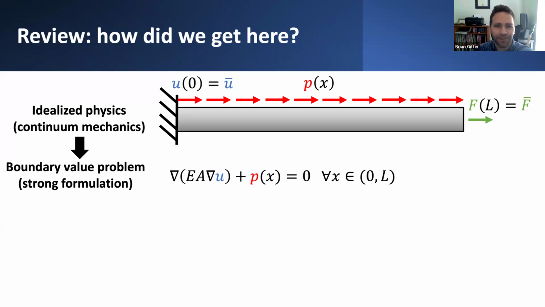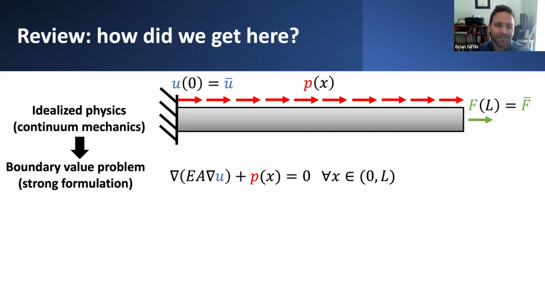But in general, we find that trying to adapt that same solution procedure to more complicated structures that maybe include nonlinearity or two-dimensional problems or three-dimensional problems, that kind of approach to solving these strong formulation types of boundary value problems just didn't work for us.